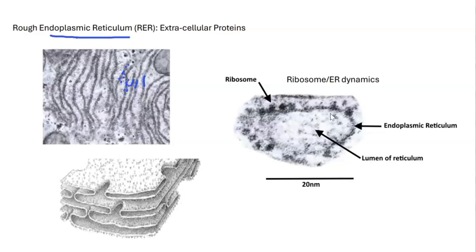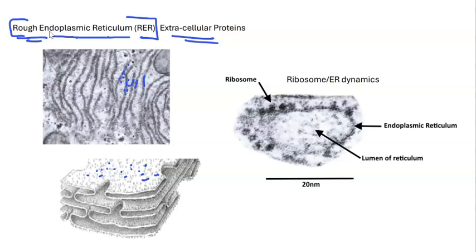So the endoplasmic reticulum is a tubular system, and we can see these grain-like structures here. Those are the ribosomes. So in combination, this is called rough endoplasmic reticulum. And what we know is that where we have rough endoplasmic reticulum, the proteins which are being made on this are destined to be used outside of the cell.